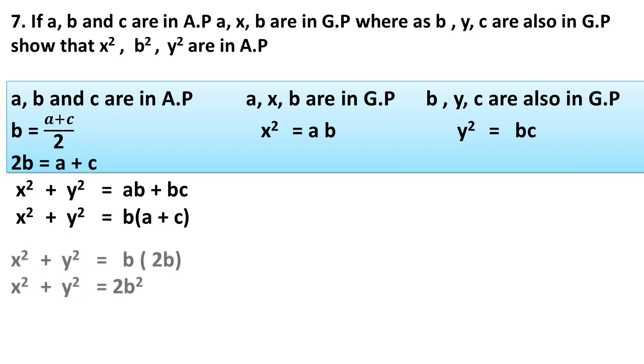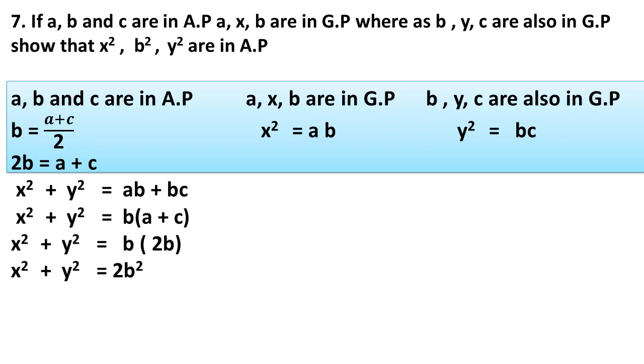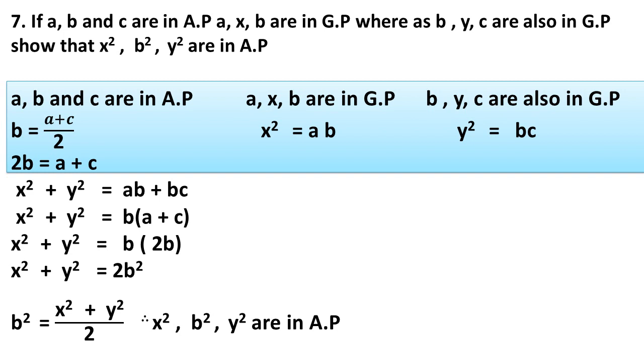Hence, we will get x square plus y square is equal to 2B square. Hence, B square is equal to x square plus y square by 2. Therefore, the terms x square, b square and y square are in AP.